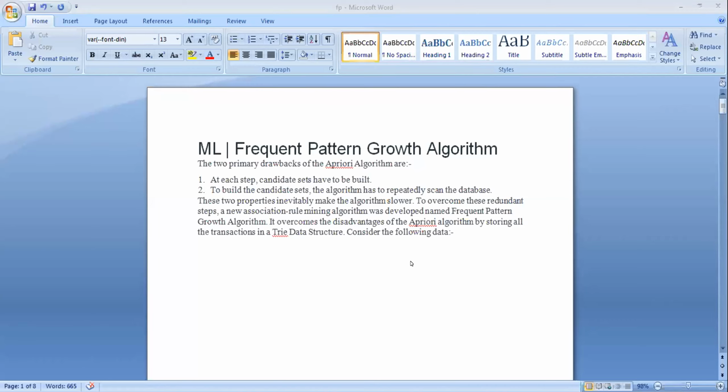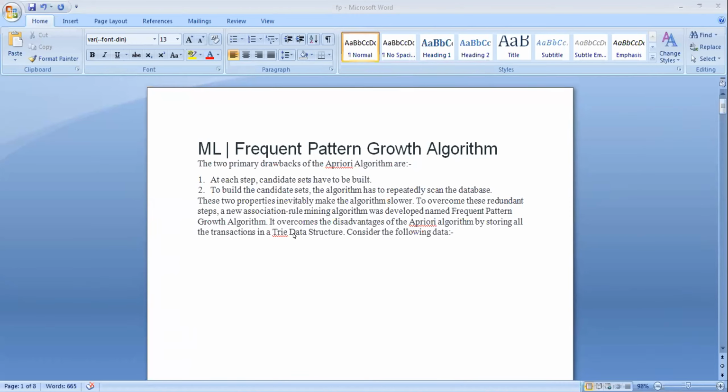Good morning, students. So here, what are the drawbacks of the Apriori algorithm? At each step, the candidate sets have to be built.